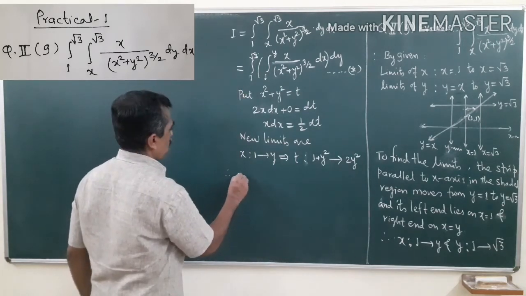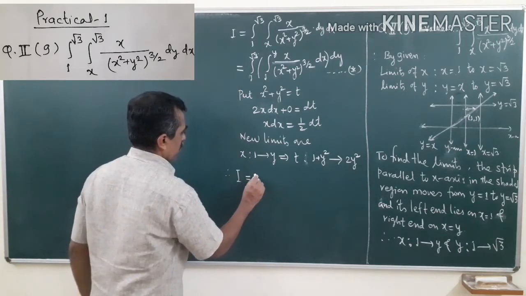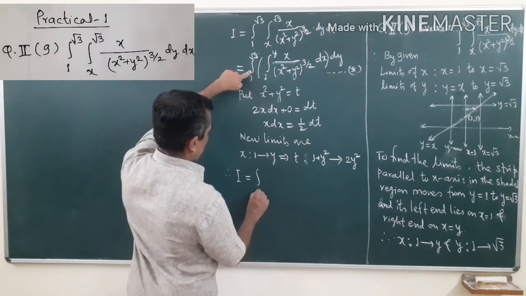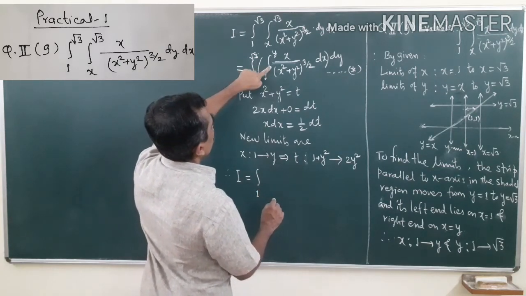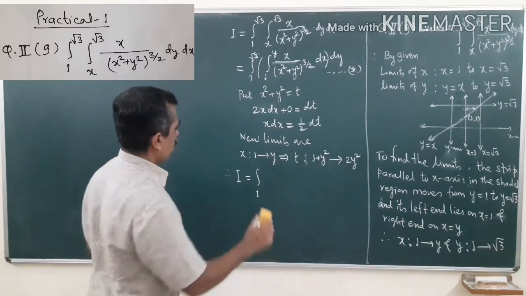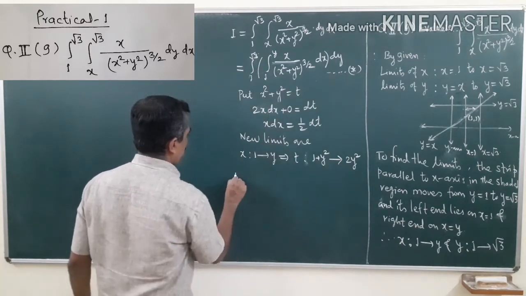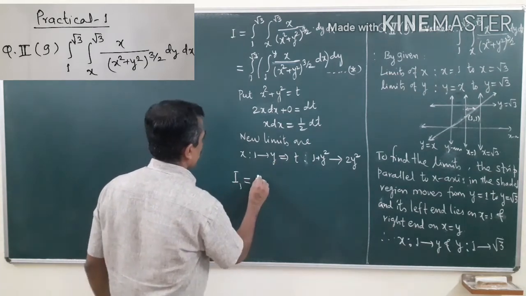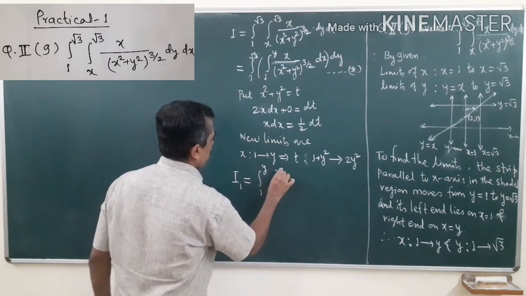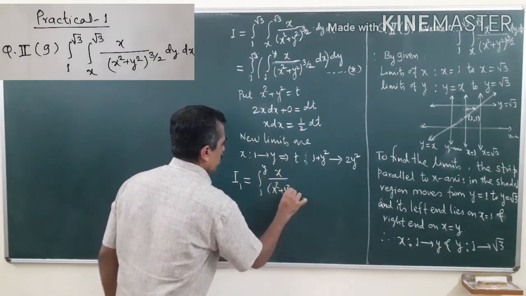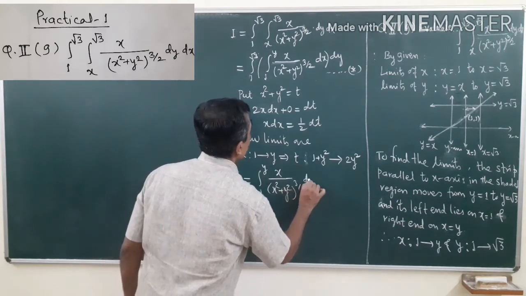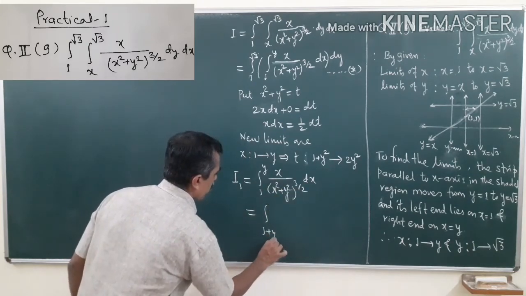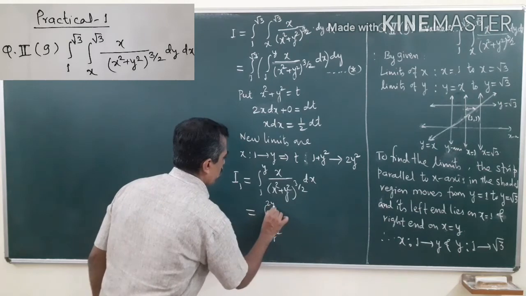Therefore our integral now, first of all we will evaluate this integral. I will call it I1. So I1 is equal to the integral from 1 to y of x upon (x square plus y square) raised to 3 by 2 with respect to x. This is equal to the integral with new limits 1 plus y square to 2y square.